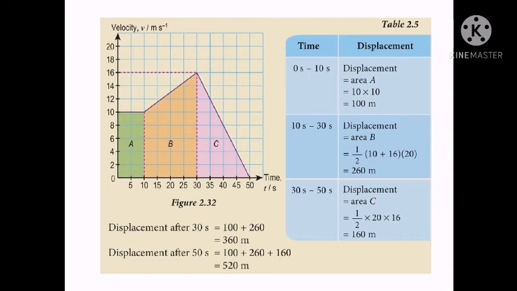So let us calculate the area under the graph for areas A, B, and C. The displacement for A is 100 meter, for area B is 260 meter, and for area C is 160 meter. So the total displacement is 520 meter. This means that the object has moved by 520 meter in 50 seconds.